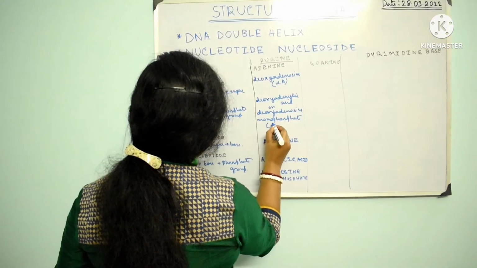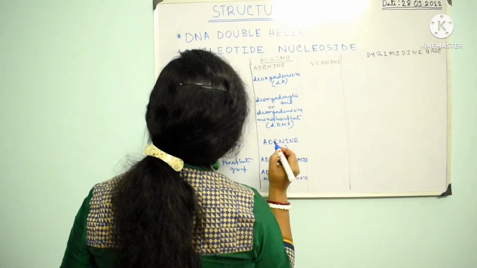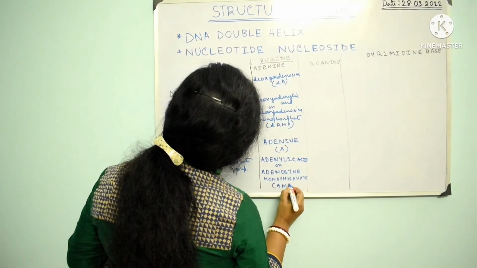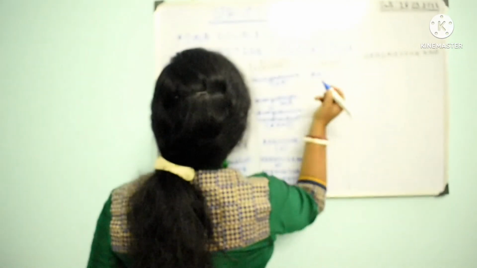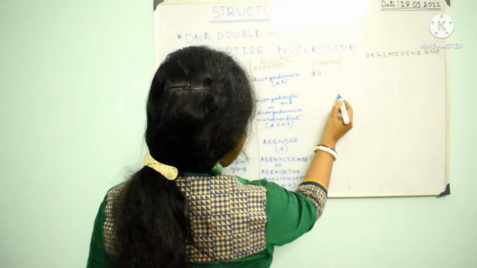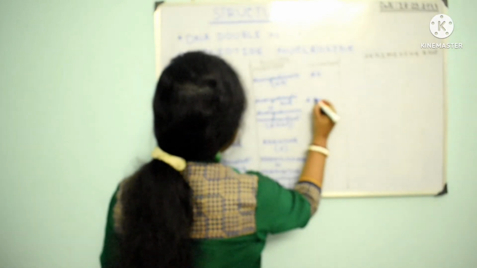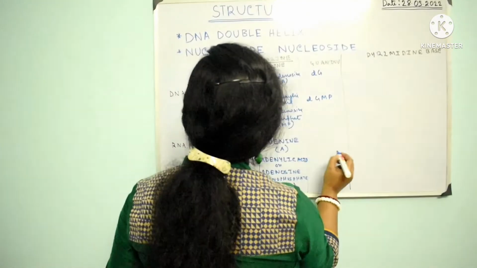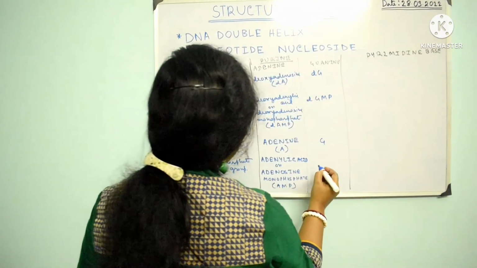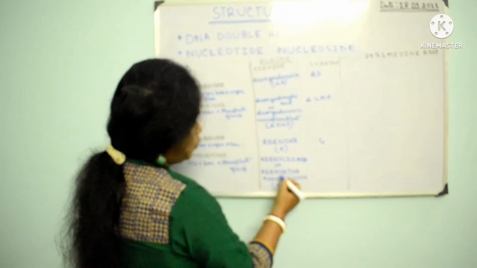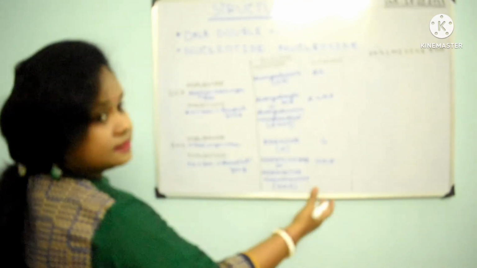Deoxyadenosine, dA, dAMP, here adenosine, A, AMP. Now deoxyguanosine, dG, deoxyguanylic acid or deoxyguanosine monophosphate, dGMP, here guanosine, G, and guanylic acid or guanosine monophosphate or GMP. Is it clear? The naming pattern.